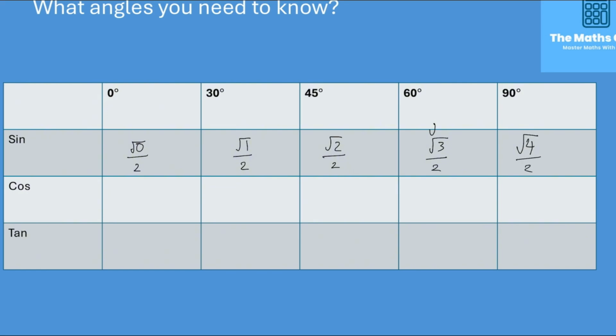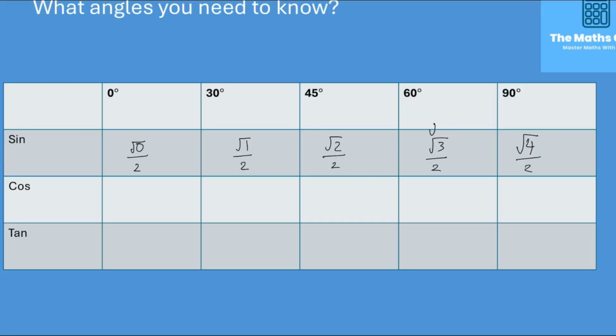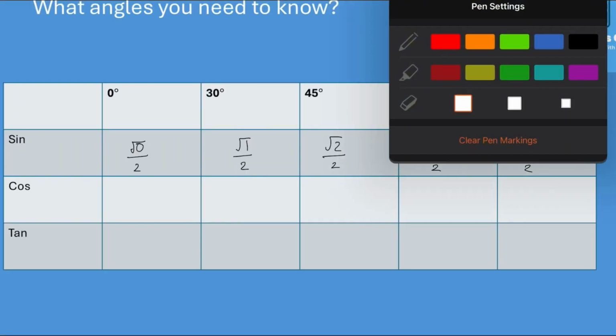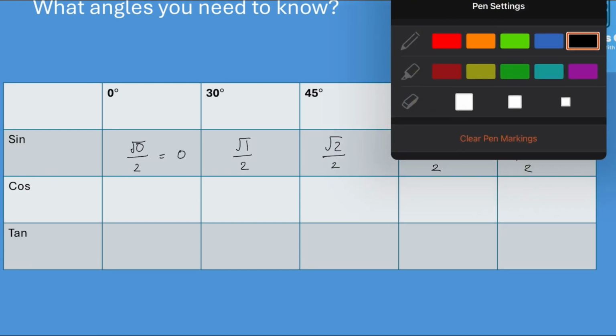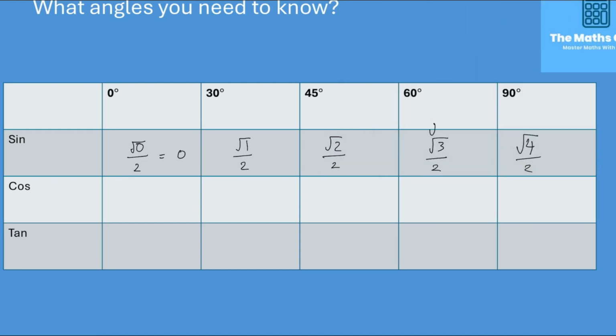Now simplifying this, square root of 0 is 0. So when we divide 0 by 2, we obtain 0. Square root of 1 is 1, so square root 1 over 2 is just equal to a half. Square root of 2 over 2 you can't simplify anymore.